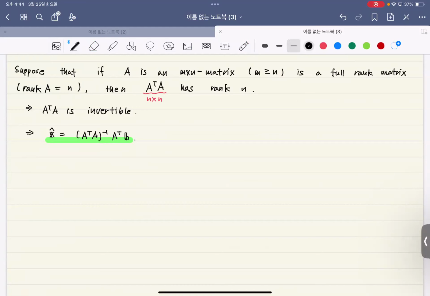So this last part is a theorem, but at the same time a definition.